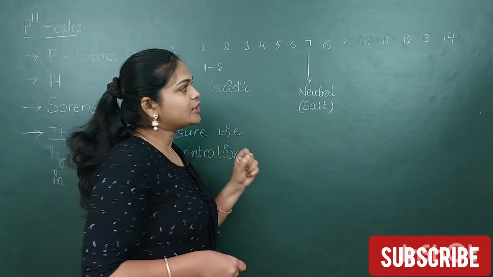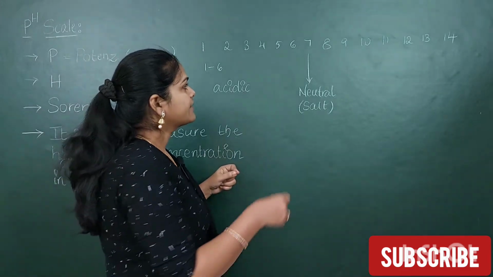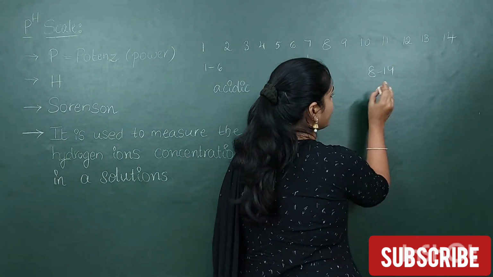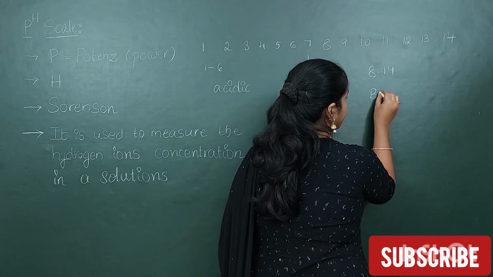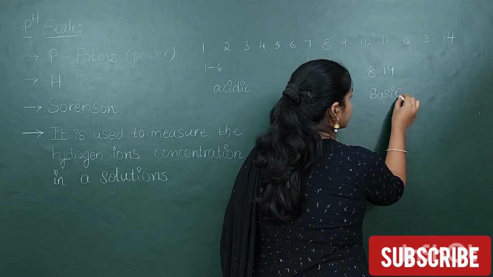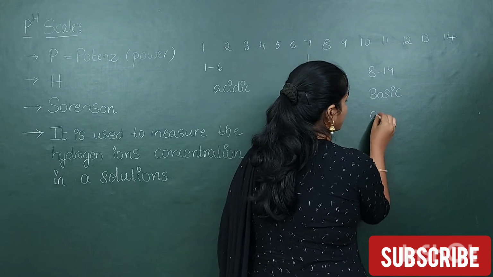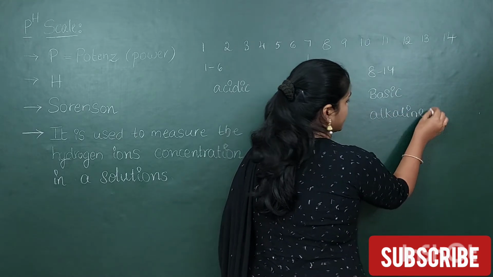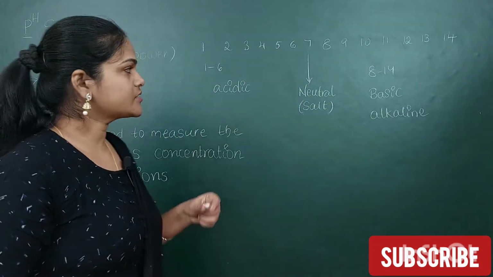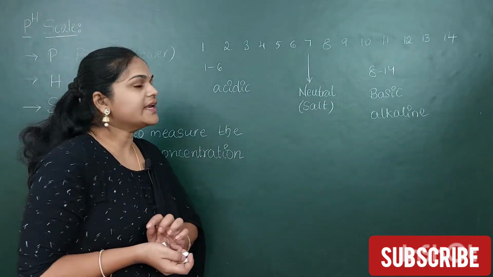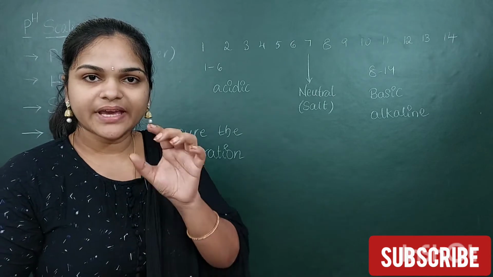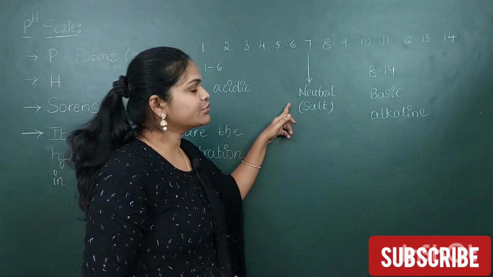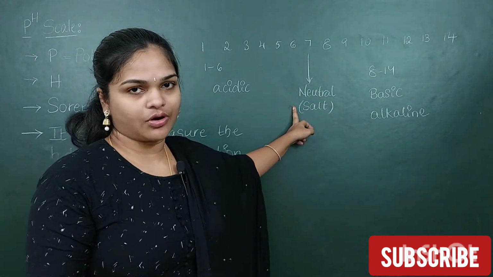If the pH value of a solution is from 8 to 14, it is basic in nature. Basic can also be called alkaline. So if you measure the pH value of a solution and it is 7, it is neutral, nothing but salt.